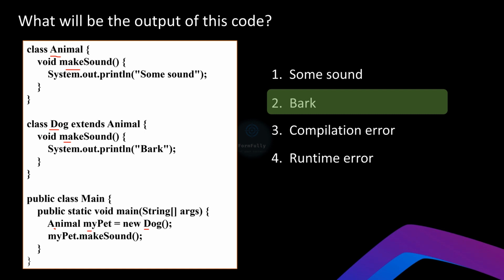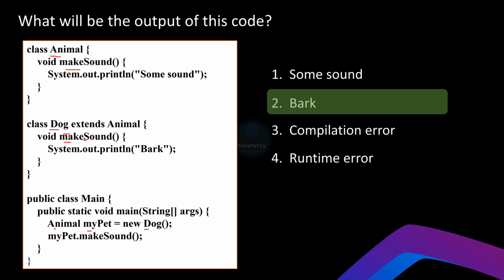This is an example of polymorphism in Java, where you can have a reference to a superclass type, in this case Animal, that points to an object of a subclass, in this case Dog. When you call myPet.makeSound, it calls the makeSound method of the actual object type, which is Dog, right? So it will print bark.